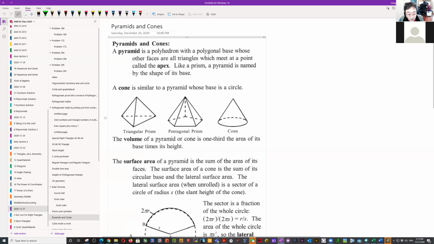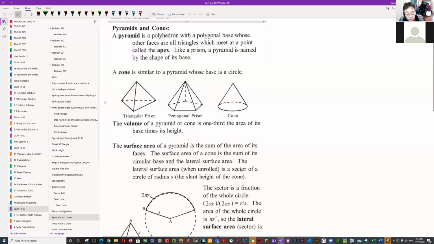Then the area of one slant triangle is the side length multiplied by half of the slant height. Then multiply by n, and you will get the total lateral area of this regular pyramid. Then add the area of the regular polygon base, and you will get the whole surface area. Then bring it to the extreme, and it's actually the cone.